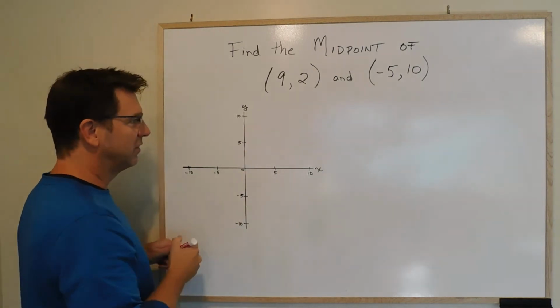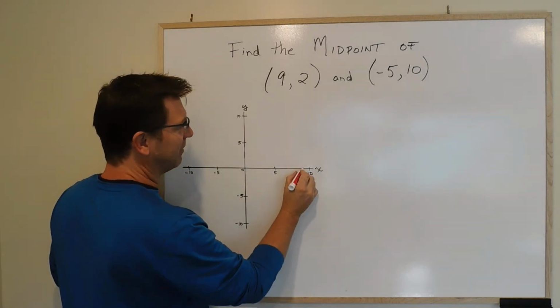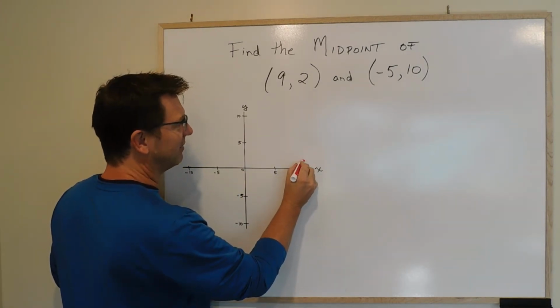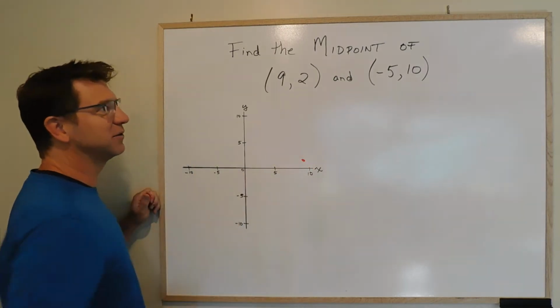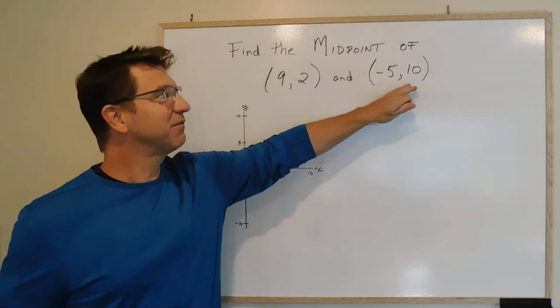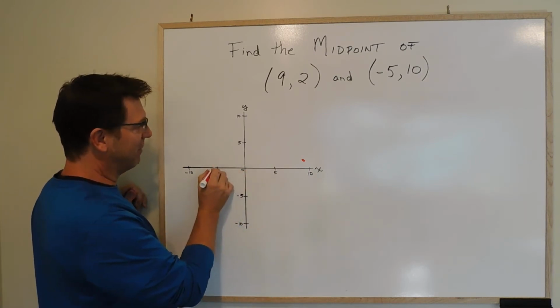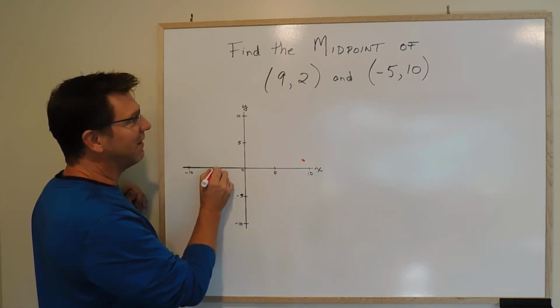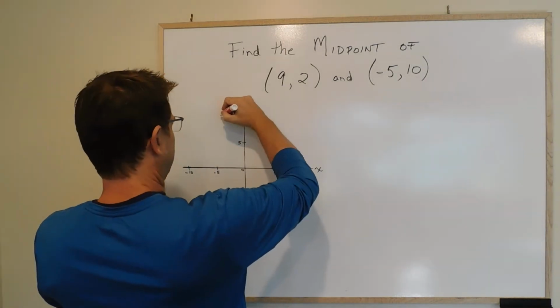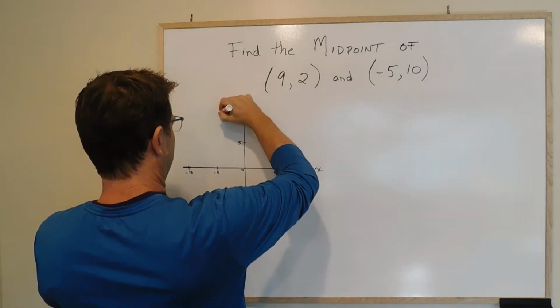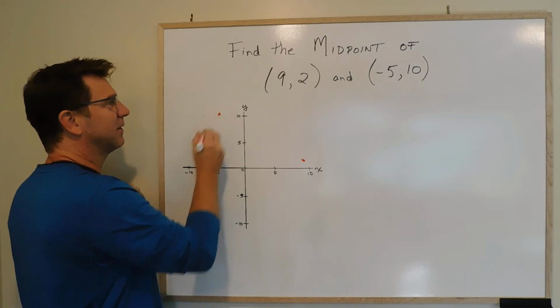9 and 2 would be, well, we'd go over 9 and we'd go up 2. We'd be right in this area here, 9 and 2. And then I picked -5 and 10, just another random point. -5 would be over here, and then for the y value we go up 10. So we'd be somewhere right about there.